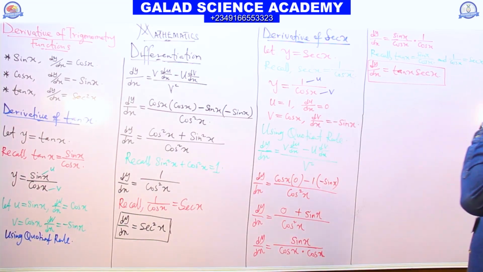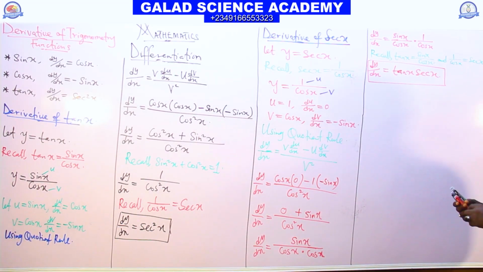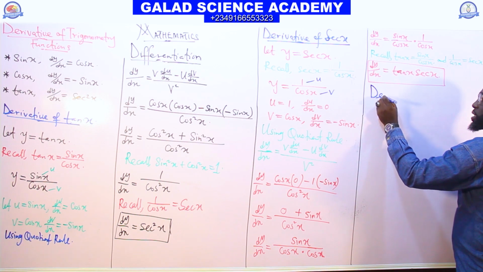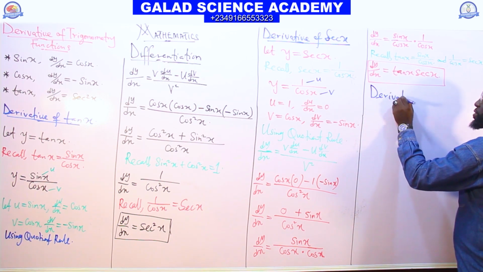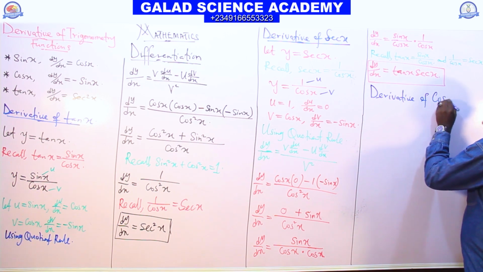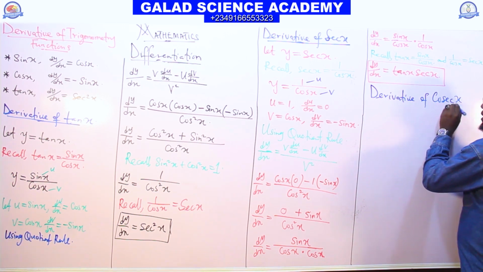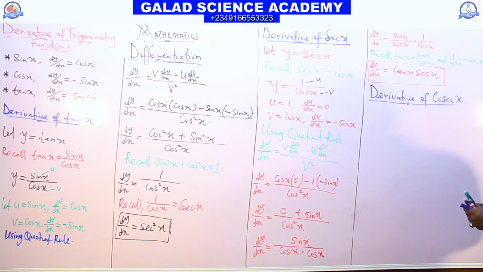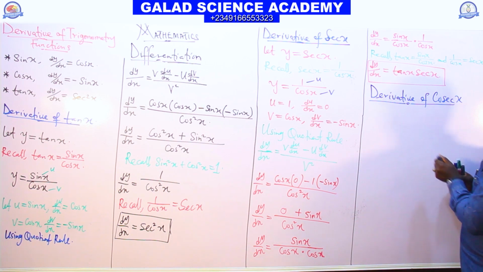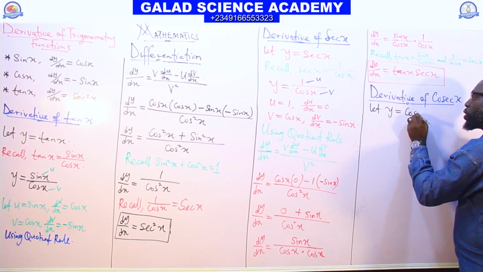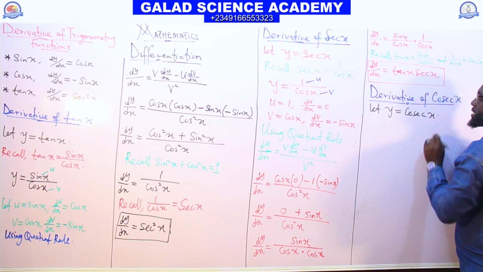we are going to treat now is the derivative of cosec x. To treat cosec x, you can now say let y equal cosec x.